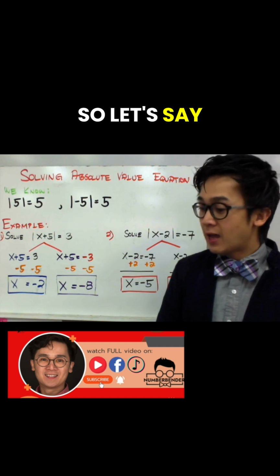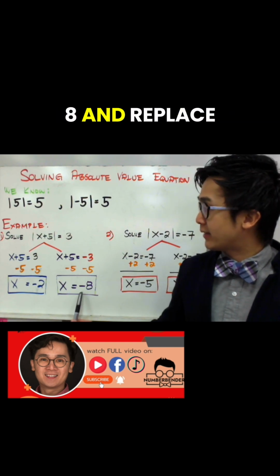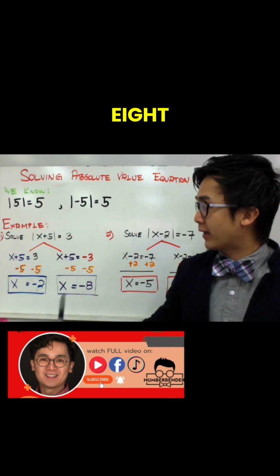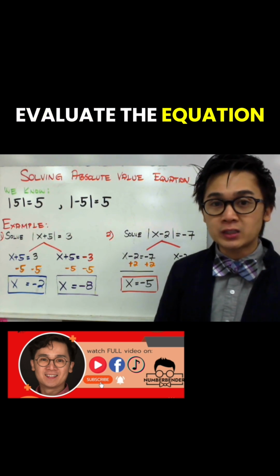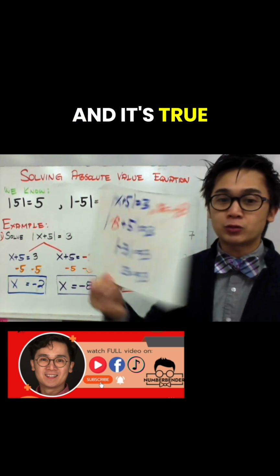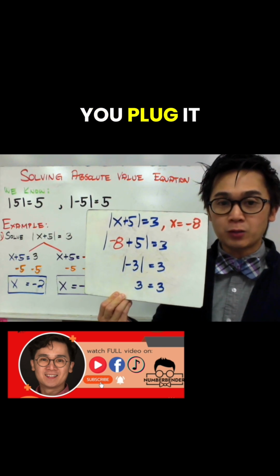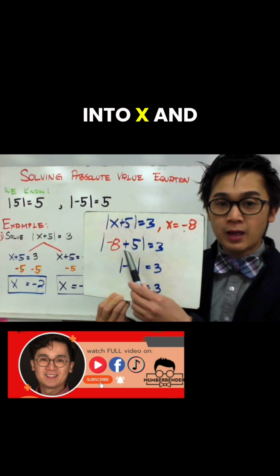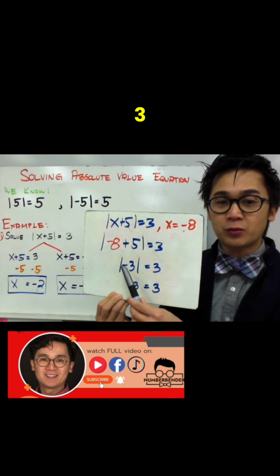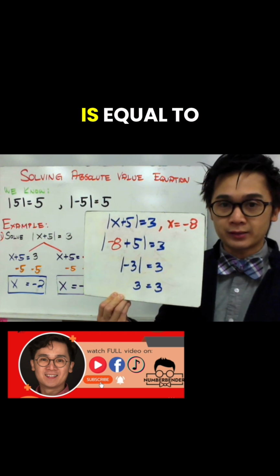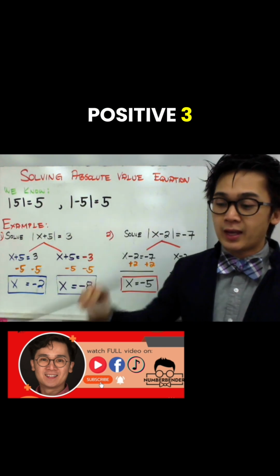So let's say I chose negative 8 and replace x by negative 8. If I evaluate the equation, it should be equal to 3, and it's true. So if x is equal to negative 8, you'll have negative 3, and the absolute value of negative 3 is equal to positive 3.